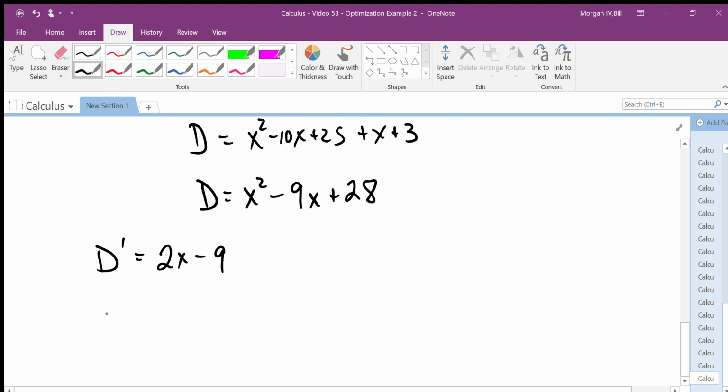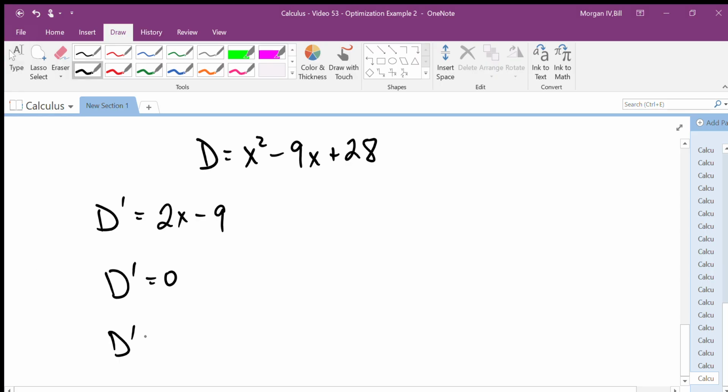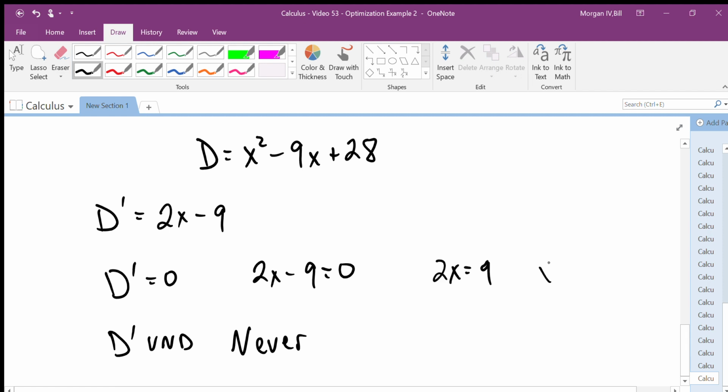We are looking for whenever the derivative is equal to 0 or whenever the derivative is undefined. It is never undefined because the derivative is a line. It is equal to 0 anytime 2x minus 9 is equal to 0, 2x equals 9, x equals 4.5. So we will get a minimum distance whenever x is 4.5.